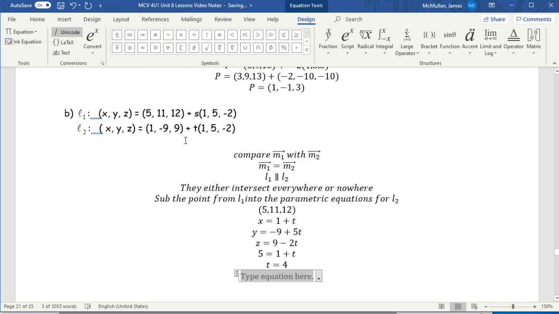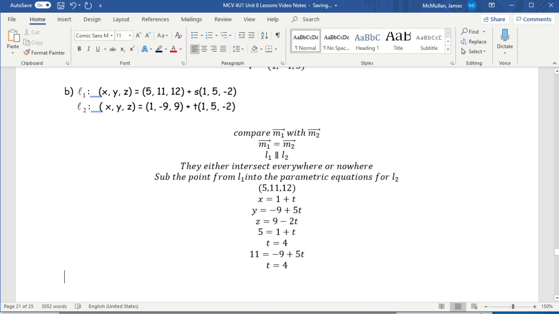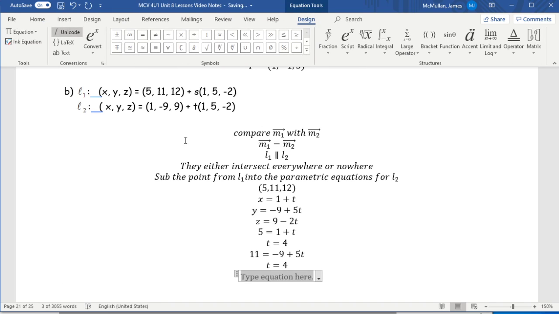If we look in the y coordinate, it should say 11 equals -9 plus 5t. Again, t would have to be 4 for that to work, because 5 times 4 makes 20, and -9 plus 20 is 11. We go to the z. The coordinate is 12, and then we have 9 take away 2t as the parametric equation.